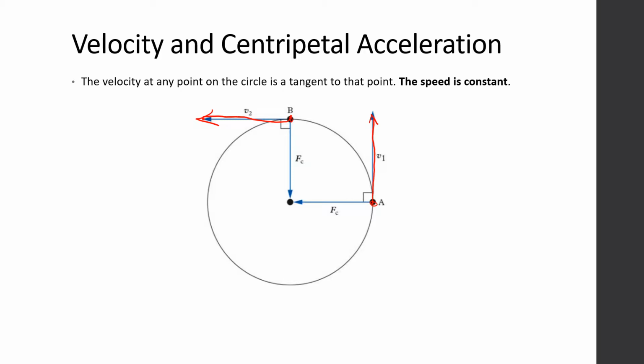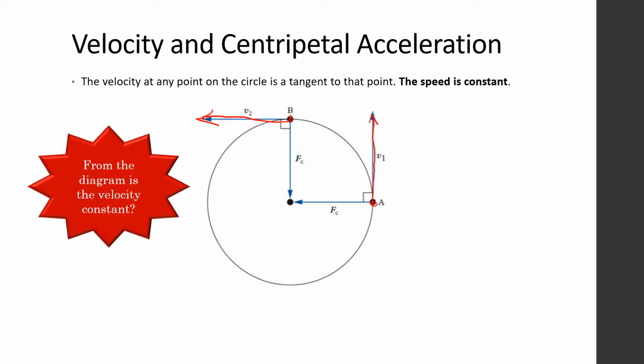But what does it tell us about the velocity, the vector quantity? Every time the object moves in a circle, its direction is changing. So from the diagram, could we say the velocity is constant, or would we say the velocity is changing? We can see that the velocity is changing direction, and that means the velocity is in fact changing.